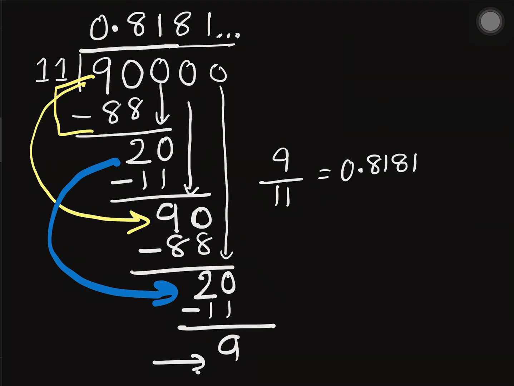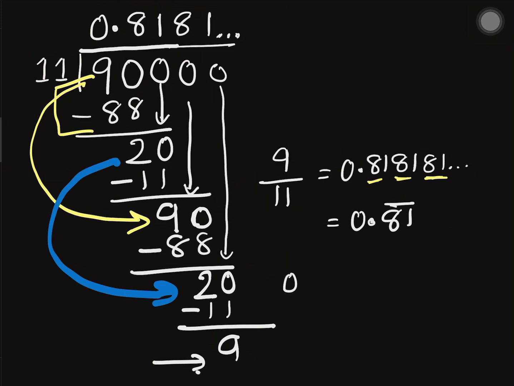So 0.818181 and so on. So here 81 is repeating. So we can write this as 0.81 bar. So bar is on 81 only. Be careful about the bar.